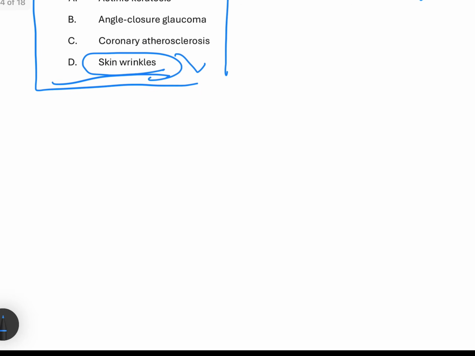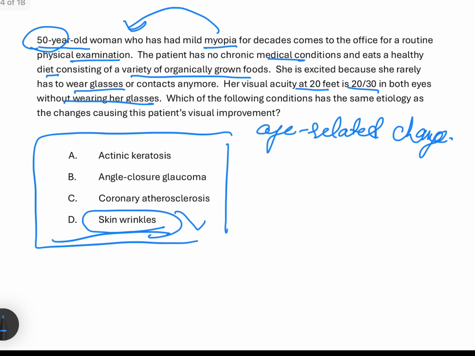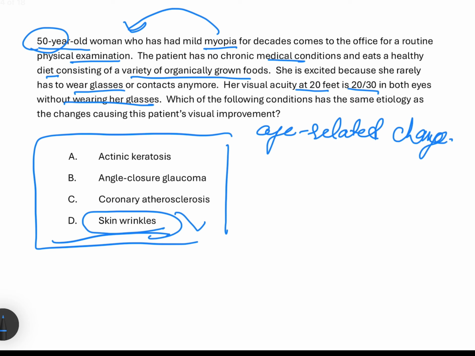I think now it is understood. They are asking which reason the eyes are getting better, and it is due to presbyopia, and this is due to aging.